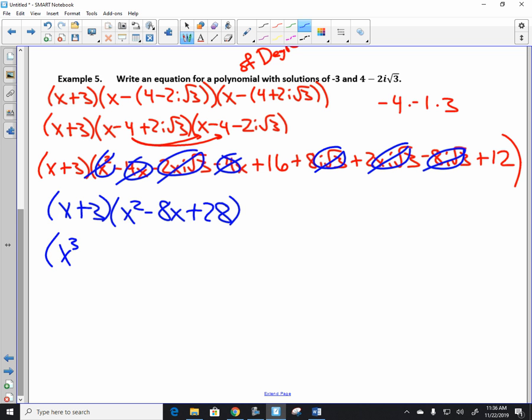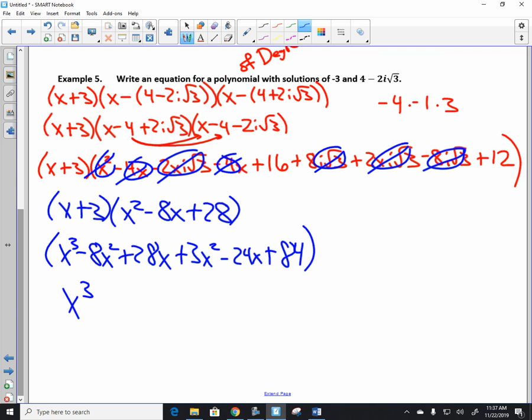X cubed minus 8x squared plus 28x. Now we move on to the 3 plus 3x squared minus 24x plus 84. X cubed minus 5x squared plus 4x plus 84.